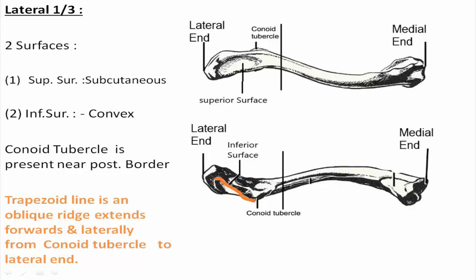As you see in this figure, the conoid tubercle is present, and one line which begins from the conoid tubercle to the lateral end is called trapezoid line, which is an oblique ridge which extends forwards and laterally from conoid tubercle to the lateral end.